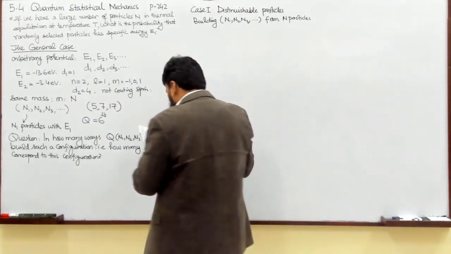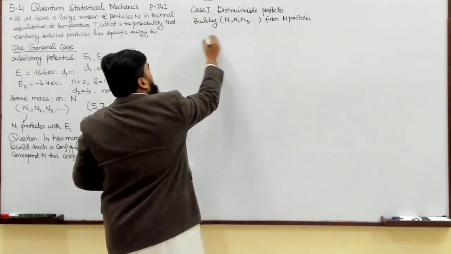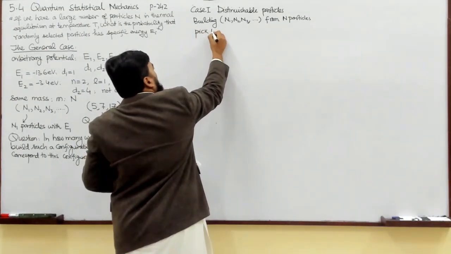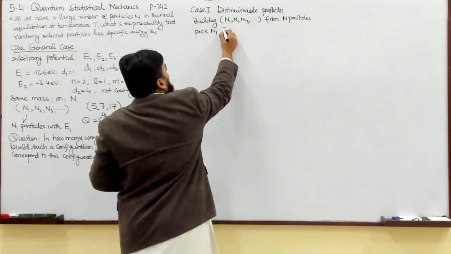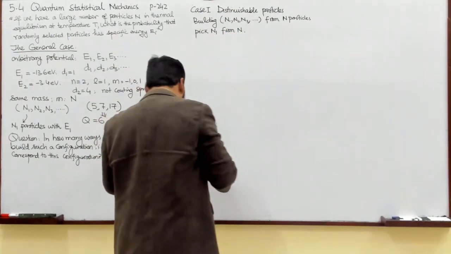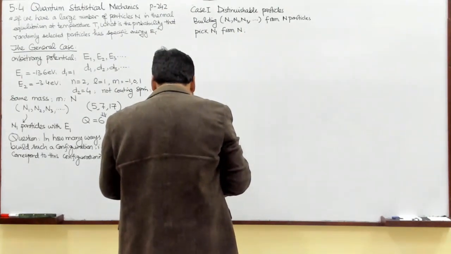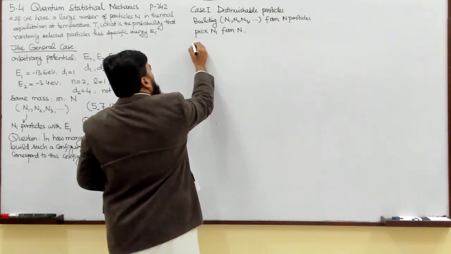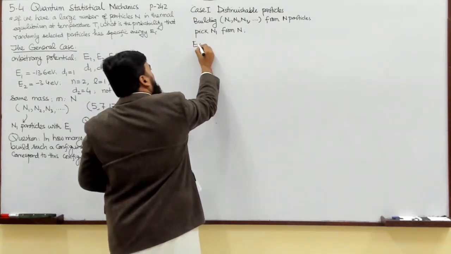Let's say first we want to pick N1 particles from the total number of particles N. So in how many ways can we do this?